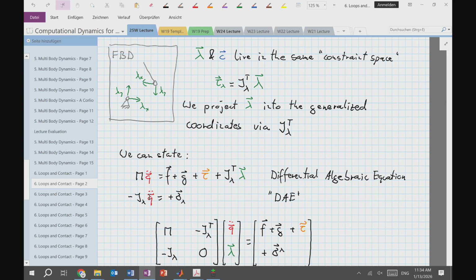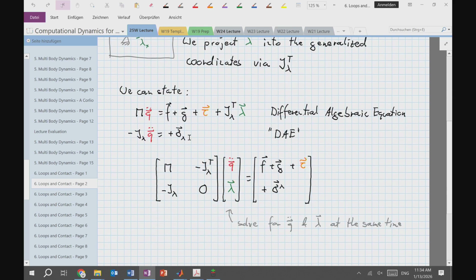So I have a differential algebraic equation, a DAE, which I can solve because I have taken 2 derivatives of my constraint equation. So this was originally given on position level. I took 2 time derivatives, got it on acceleration level, and then ended up basically with this form here, where I now can simultaneously solve for my accelerations and my constraint forces.